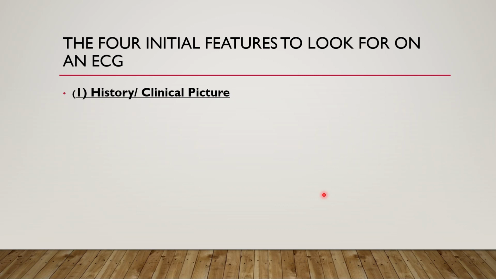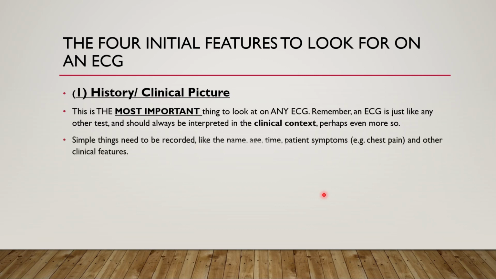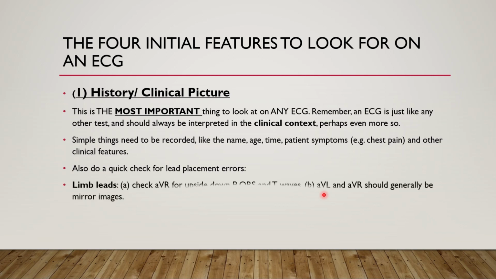We must remember that like any other test, ECG is another test and it should be interpreted with the complete clinical scenario. We must know the name, age, time, and symptoms along with other clinical features. Before starting the calculation of rate or rhythm, we must first check for accurate placement of leads.